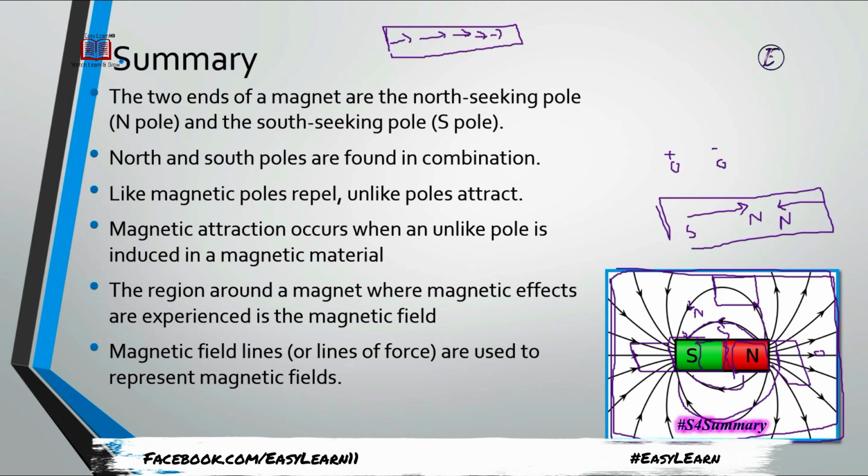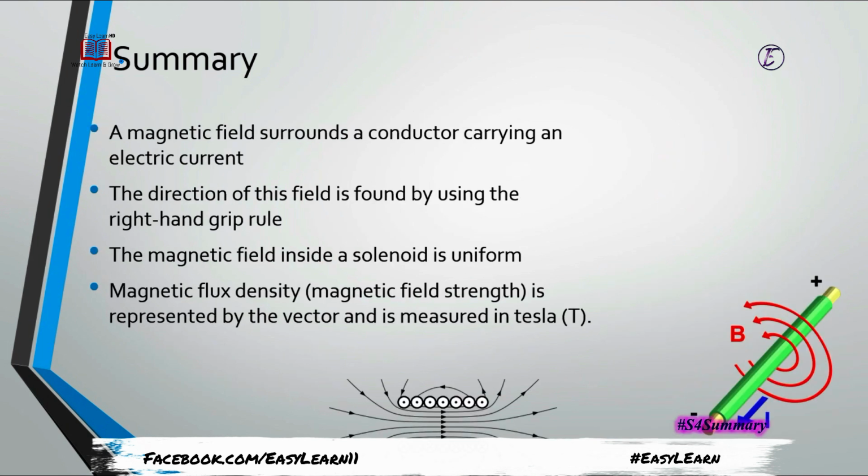Magnetic field lines are used to represent magnetic fields. So inside this box, this is all magnetic field, where the magnet has an effect. It has control over this box, and this is the jurisdiction of this magnet.